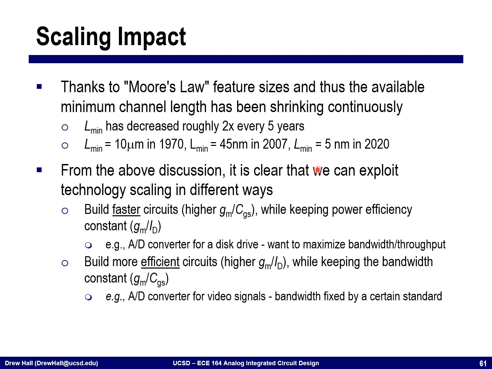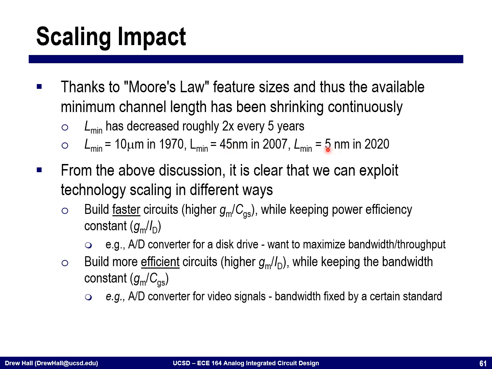And so what we've seen over the past 40 plus, 50 plus years now is that the channel length has decreased roughly 2x every 5 years. To put up some data points for you, back in 1970, the minimum channel length was roughly 10 micron. Fast forward 37 years, and this was decreased to 45 nanometers.